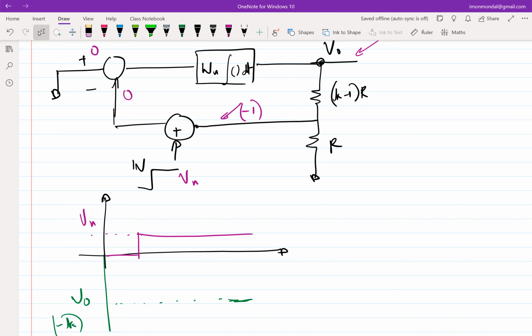So how many of you agreed that the output will be a ramp? Clearly it's not the scenario. The output finally will go to minus K. So why do you think this answer makes sense?